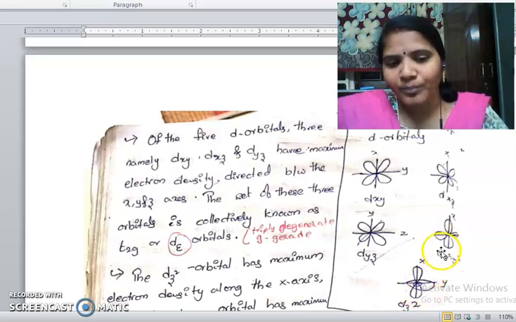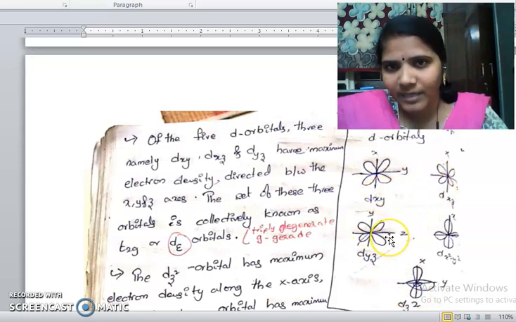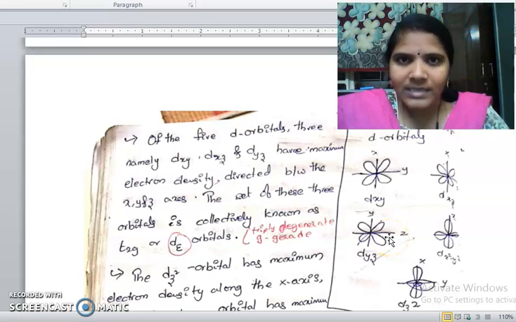These two are considered as axial orbitals, which are represented as Eg, whereas these three orbitals dxy, dxz, dyz are considered as non-axial d orbitals, which are represented as T2g orbitals.